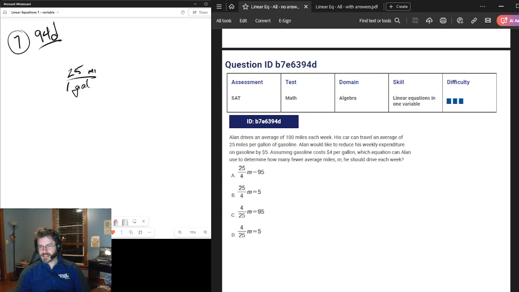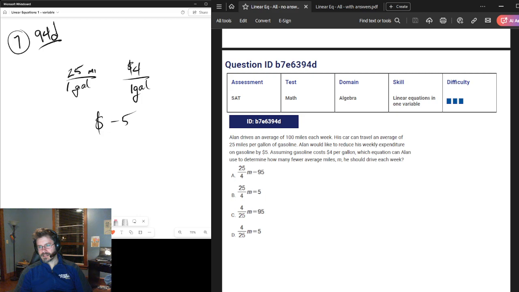Alan would like to reduce his expenditure by $5. So I want to take the number of dollars I spend and I want to reduce it by 5. Gasoline is $4 per gallon. I'm just inventorying what we've been given here. Not making any equations yet. I'm just kind of tallying it up. $4 per gallon. Which equation can you use to determine how many fewer miles?